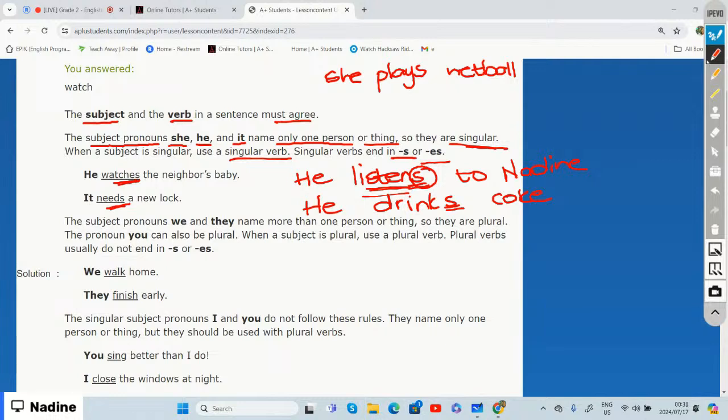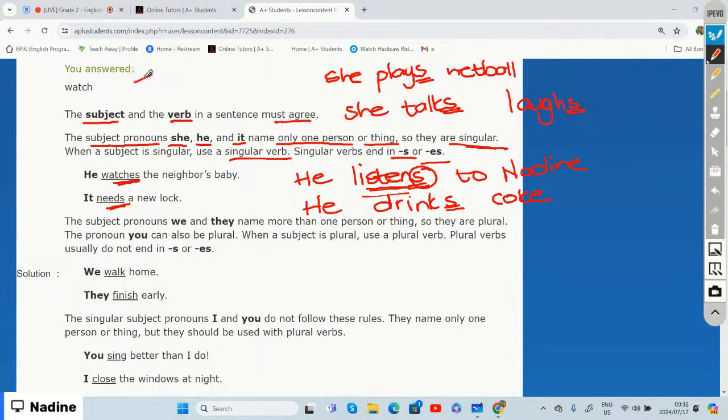And when you say what I'm doing, your verb is going to end with an S. So if you want to tell people that I'm talking, you say Nadine talks, because you need to add an S. Nadine laughs, and we add our S, right? Instead of saying Nadine, you say she.